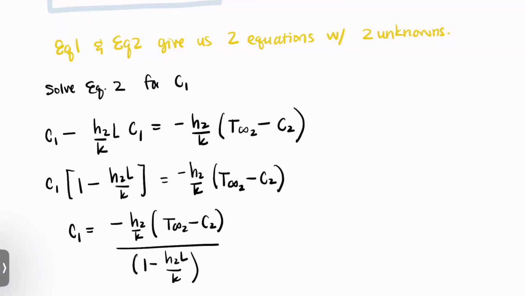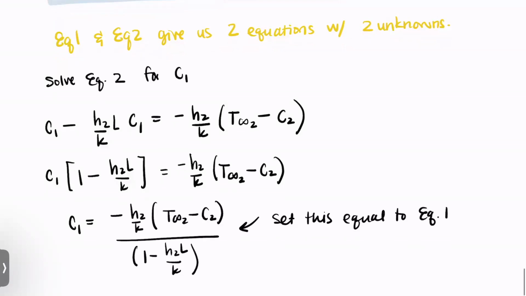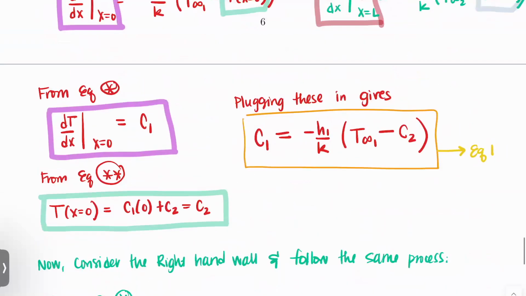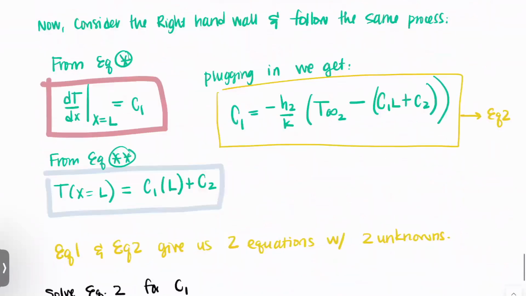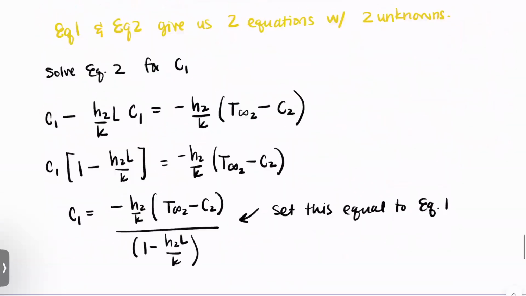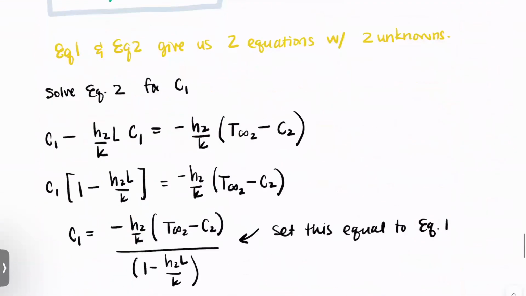And then I'm going to set this one equal to equation 1, because they both are C1 equals. Okay, so equation 1 was C1 equals minus H1 over K times T infinity 1 minus C2.